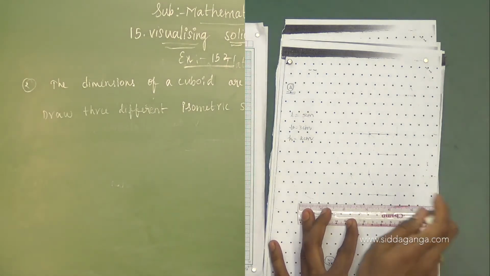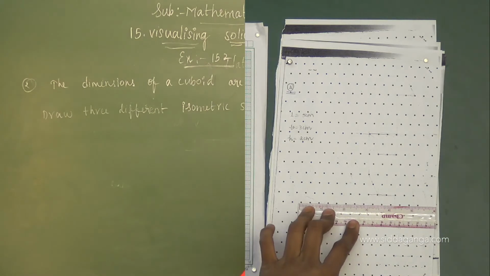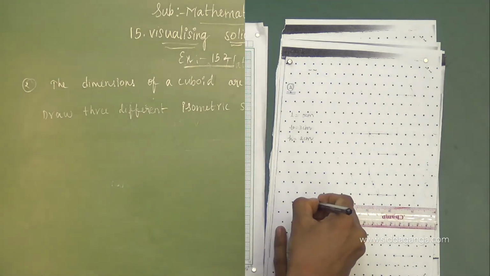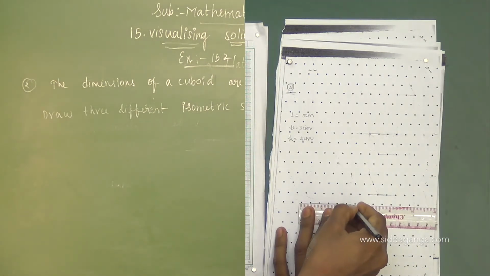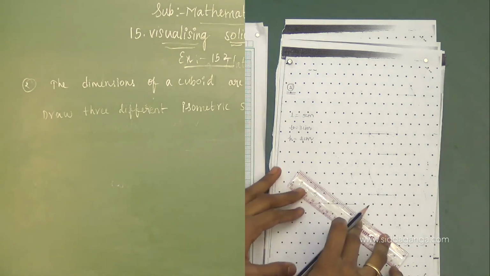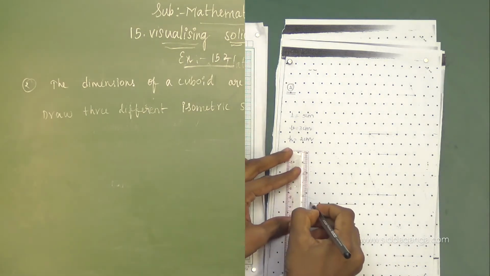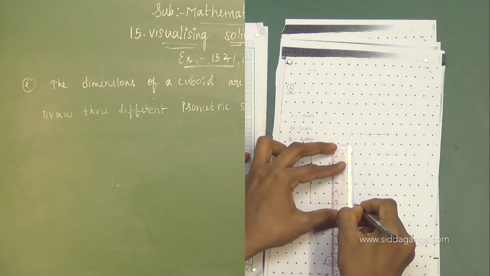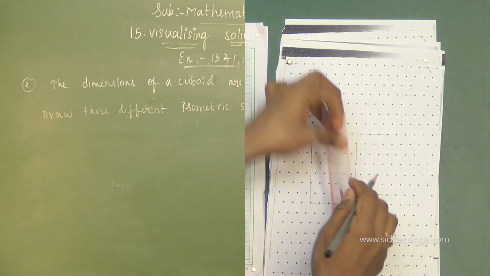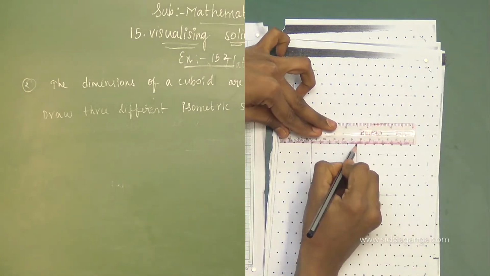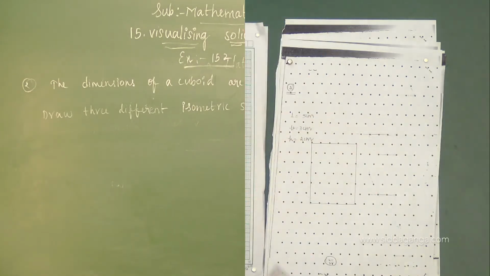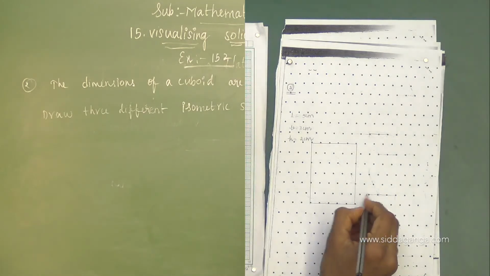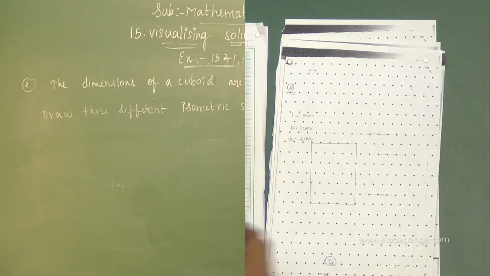First 5 centimeters length you have to take: 1, 2, 3, 4, 5, and then breadth is 3 centimeters: 1, 2, 3, 1, 2, 3. And height, this is one rectangle, height we have to take now, don't take like this, we have to take like this.